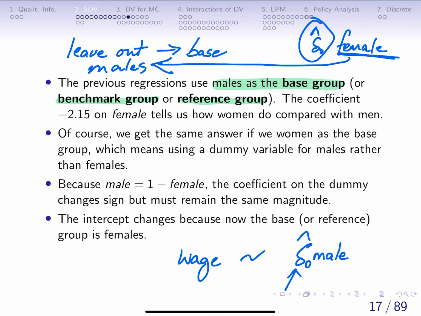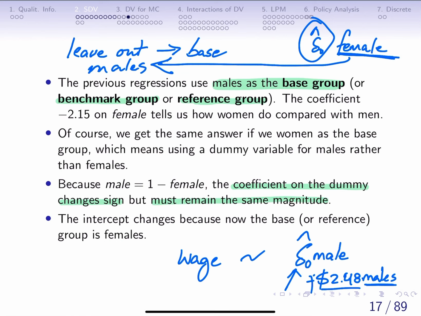So if you were finding that the coefficient was negative $2.48 previously on females, now it's going to be positive for males. Okay, again, the interpretation is going to be the same, that males make $2.48 higher on average than females, ceteris paribus. Okay, so the coefficient on the dummy variable changes sign, but it remains the same in magnitude.